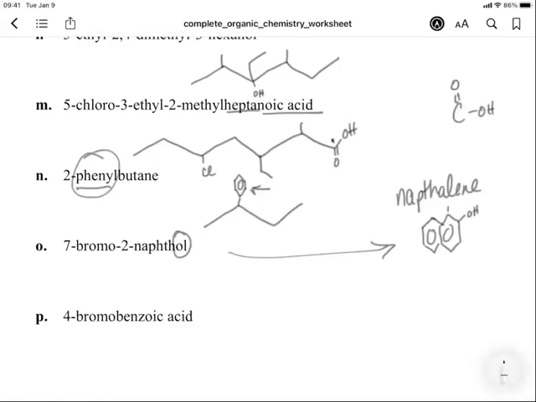So that must mean that that carbon is the default number 1 position. And then I just count around. So if this is 2, 3, 4, 5, 6, that would be 7. So it's 7-bromo, Br. You don't see these too often.